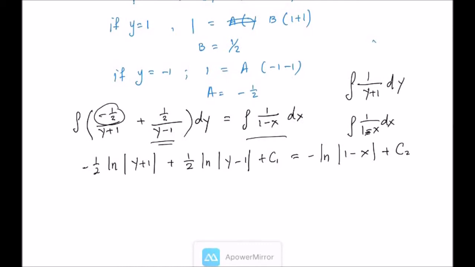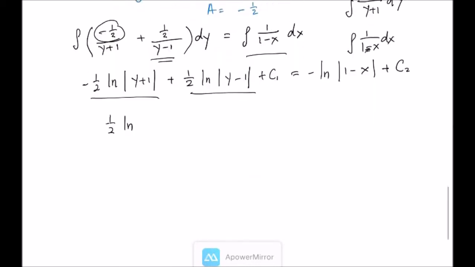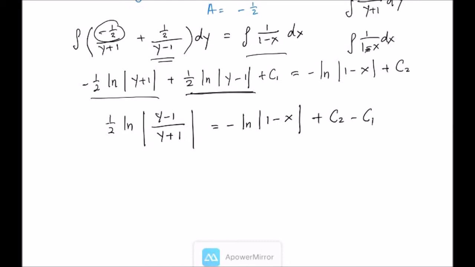So you can simplify it. Negative half ln y plus 1 and then plus half ln y minus 1, so you have half ln of y minus 1 over y plus 1, equivalent to negative ln 1 minus x plus c2 minus c1.